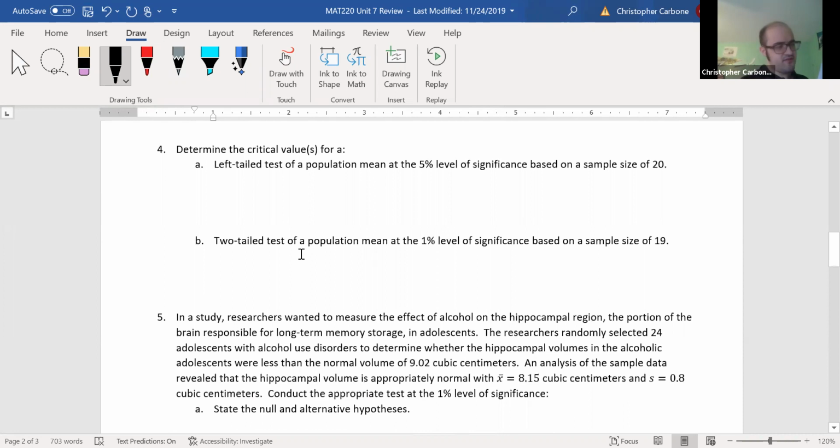For question number 4, we want to determine the critical value or values for a left tail test of a population mean with a 5% level of significance with a sample size of 20. Since the sample size is 20 here, our degrees of freedom will be 1 less than that, so in this case, 19.